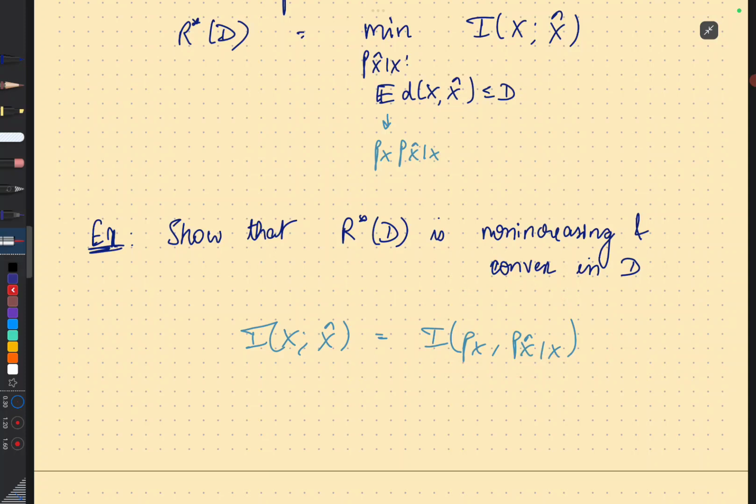We showed this sometime in the beginning of the course. It requires a bit of a proof, but basically the convexity of R star of D follows from the convexity of the mutual information as a function of the conditional distribution p(x hat given x).